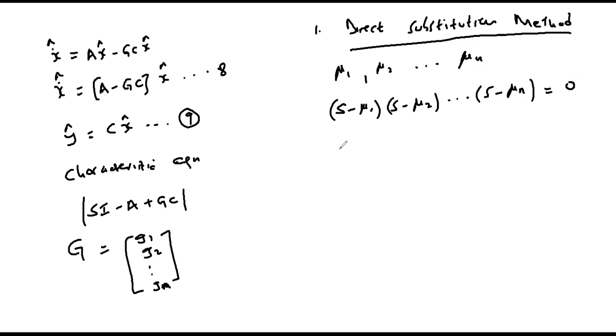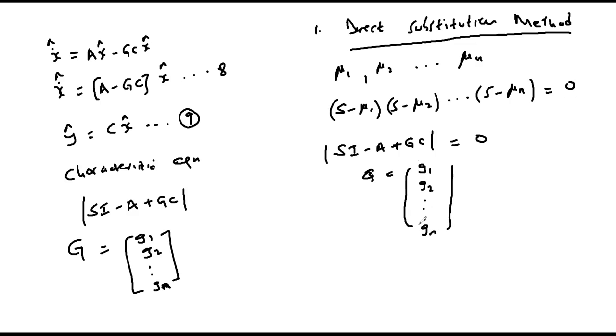From the designed controller, our characteristic equation is given by the determinant of SI minus A plus GC equals 0. So this is the characteristic equation with the controller, and this is the characteristic equation based on the desired location of the poles. We will choose G to be the matrix G1, G2, all the way to Gn, depending on the order of the system.